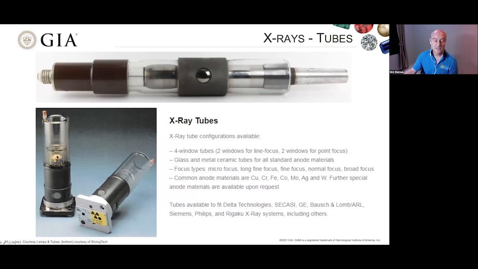They are accelerated towards a positively charged anode target, which is down here at the bottom on a metal plate. And the target abruptly stops the electrons. And as a result, X-rays are generated under the impact on the target.